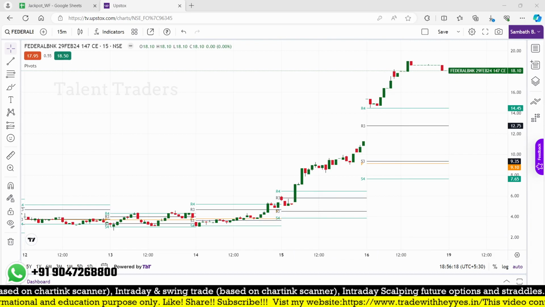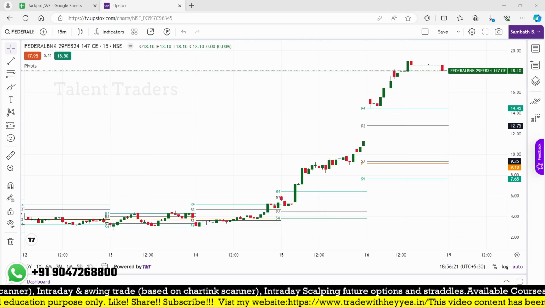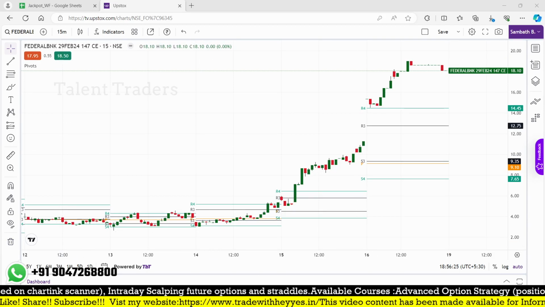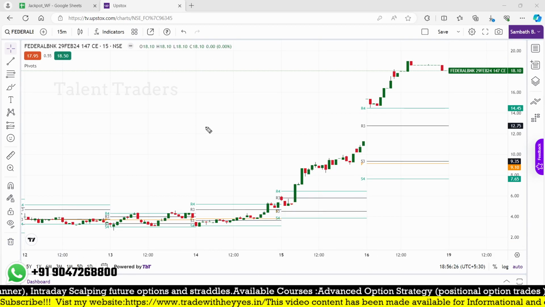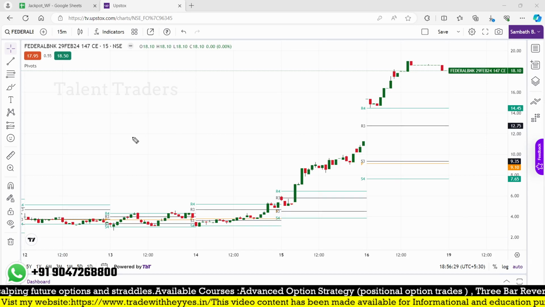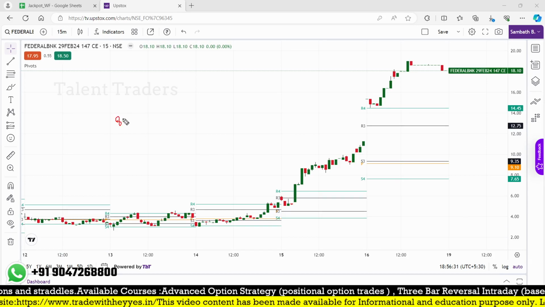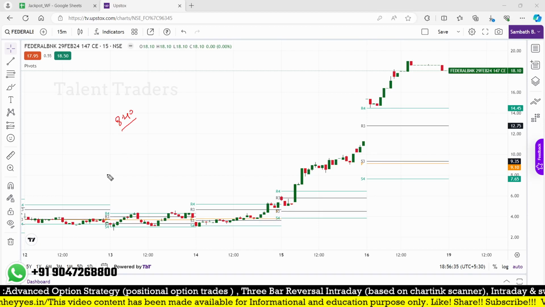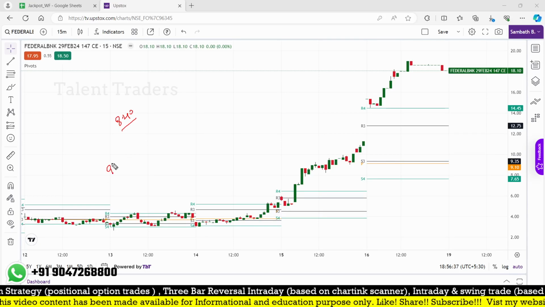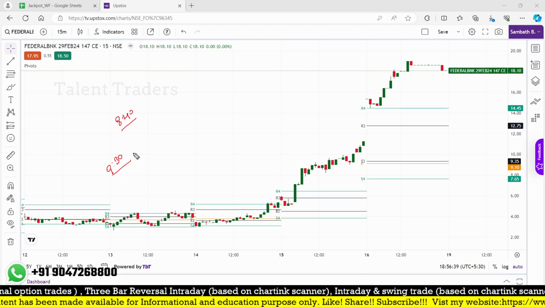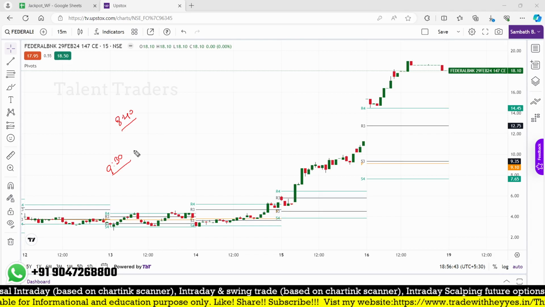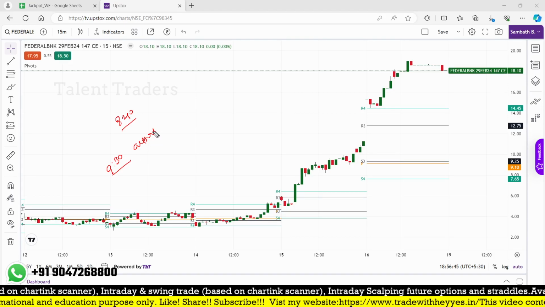How do we filter opportunities like a fresh breakout? What we mean by a fresh breakout is simply that we look for an entry point. Based on our Google Sheet, for example 8.4 in the case of Federal Bank, that is the entry. That entry should trigger after 9:30 on any weekday from Monday to Friday; only after 9:30 are we looking for a breakout.